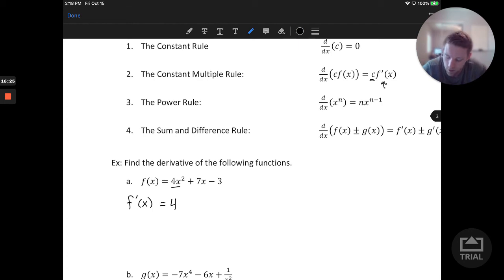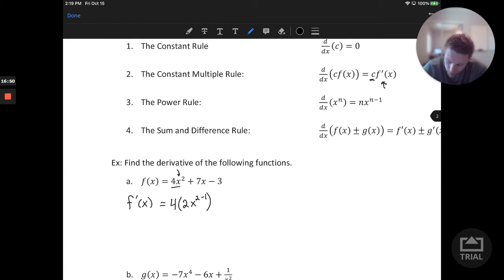And then I'm going to take the derivative of the function of x. That would be take down the power, that's 2, and then raise x to the 2 minus 1. That would be the power rule, and then the constant multiplier rule. And I'll simplify this in just a little bit as we go through each term.